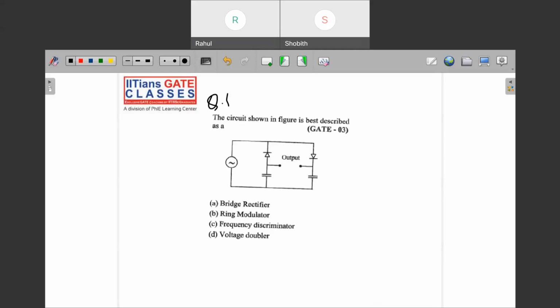For question number one, we have already discussed various things, so anyone can answer this question. You can consider that the input given here is an AC input. In the positive half cycle and in the negative half cycle, what will happen?